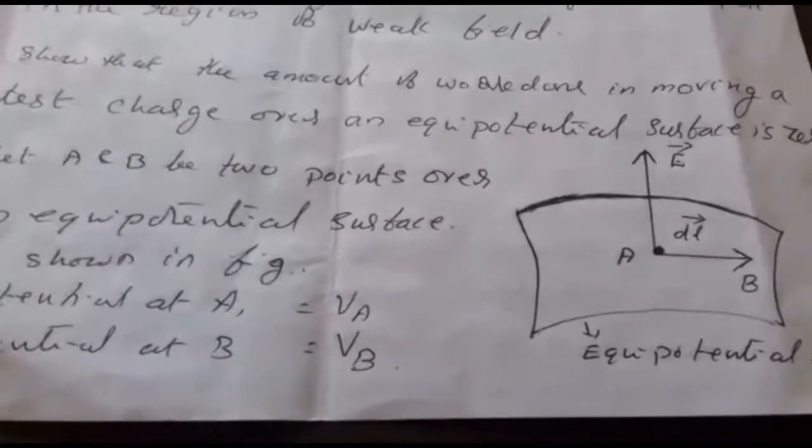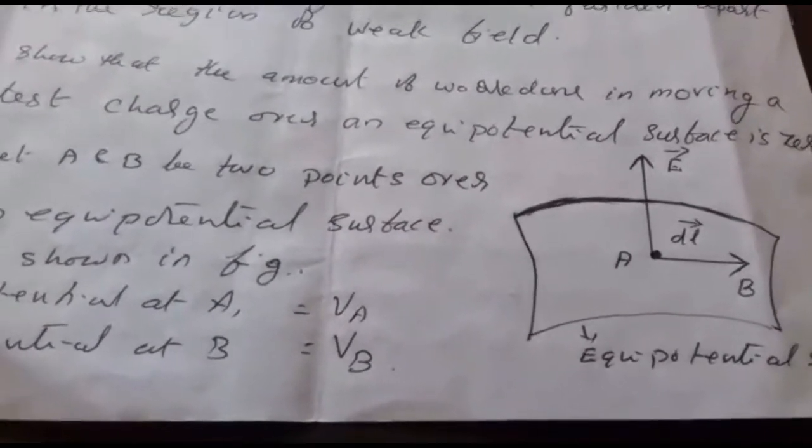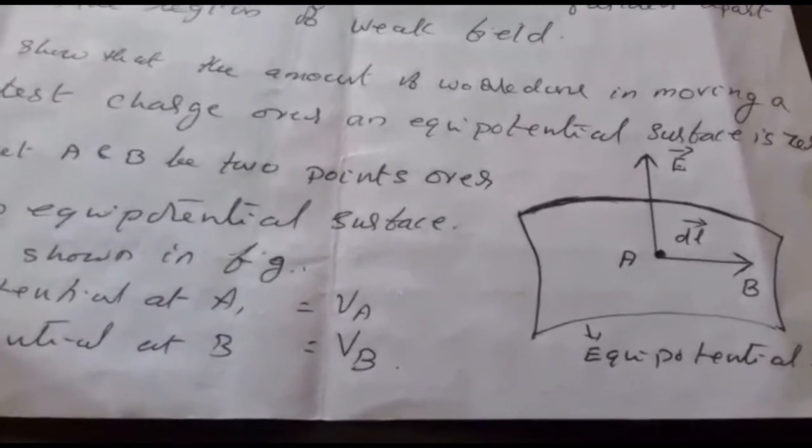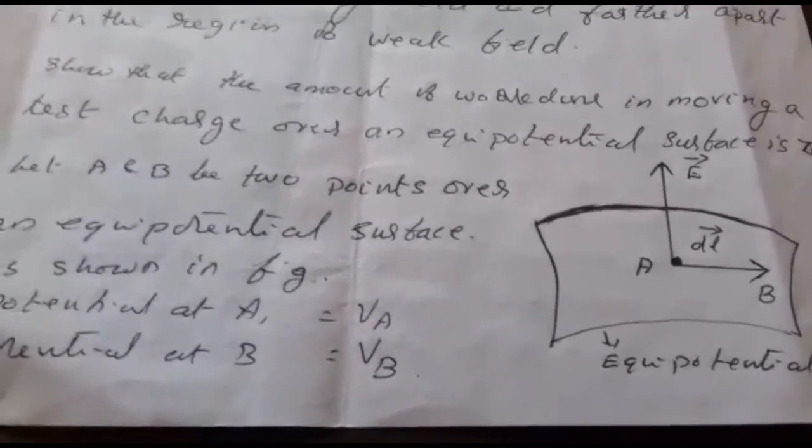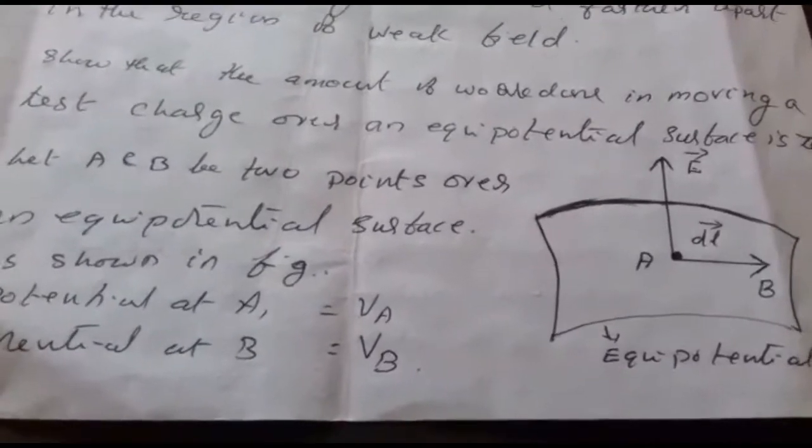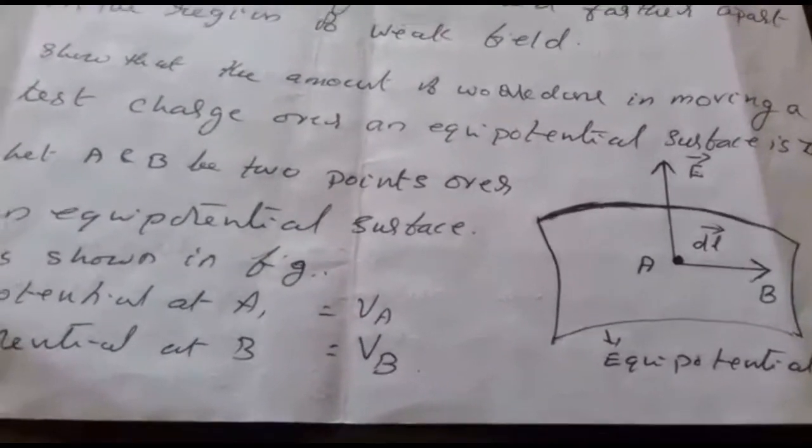The potential at A is equal to VA and the potential at B is equal to VB. The electric field is normal to the equipotential surface.